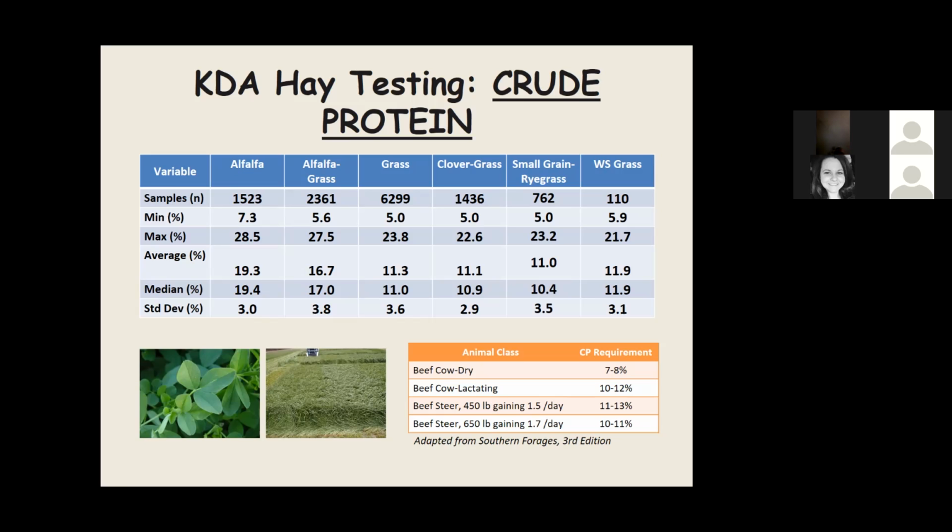Now, one thing to keep in mind, these are not your average samples. Most of the time, when we talk to producers about testing hay, their comment is, well, my hay's not good enough to test. So the majority of the hay samples that go into the lab are your better hay.